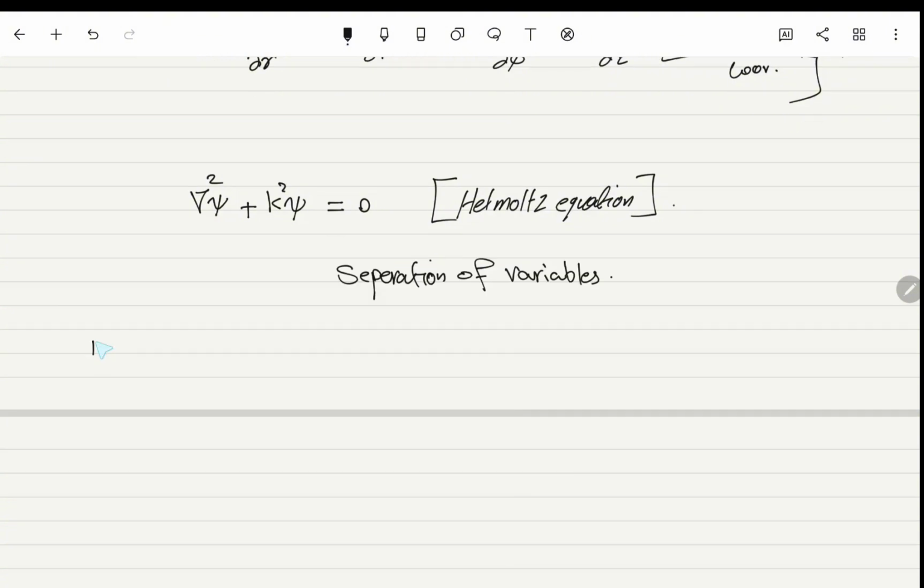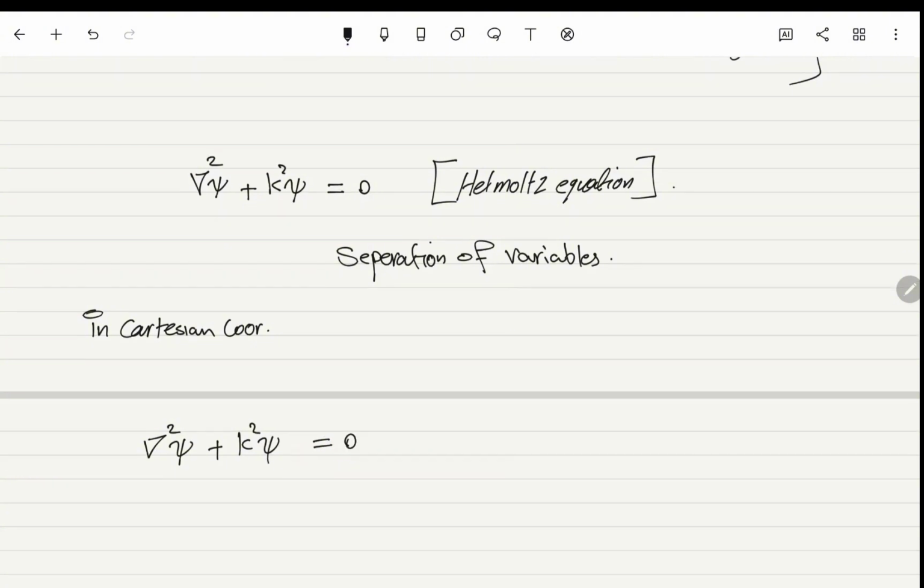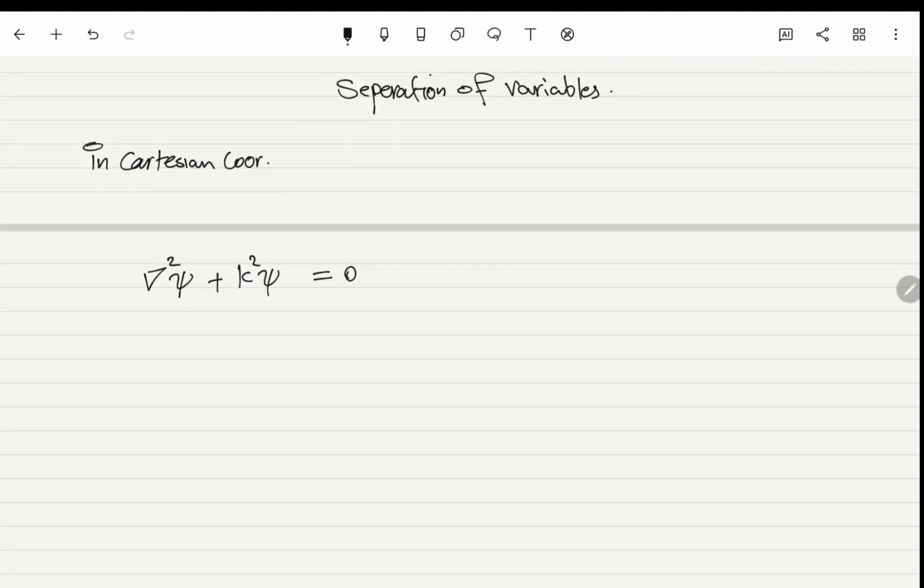In Cartesian coordinates, Laplacian psi plus k squared psi equal 0, and the Laplacian in Cartesian coordinates is defined as partial 2 psi partial x squared plus partial 2 psi partial y squared plus partial 2 psi partial z squared plus k squared psi equal to 0.